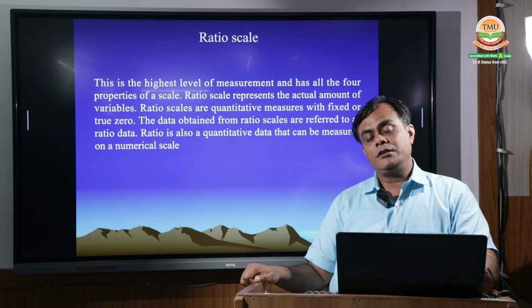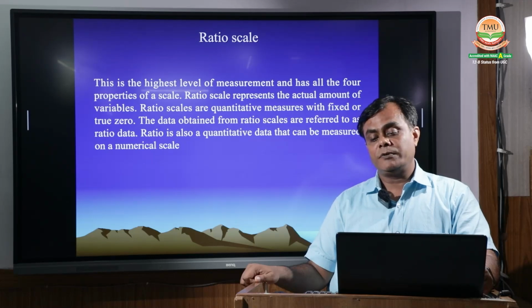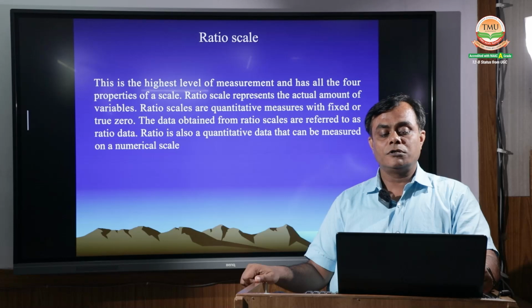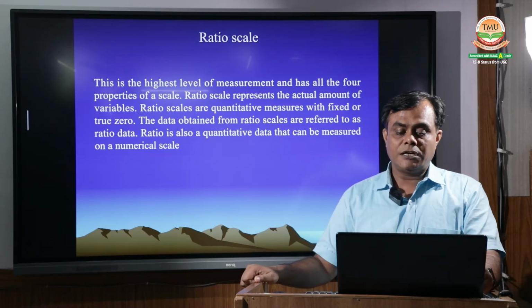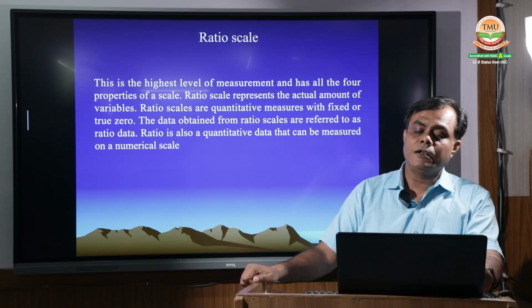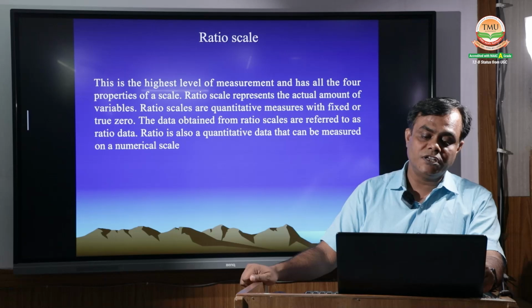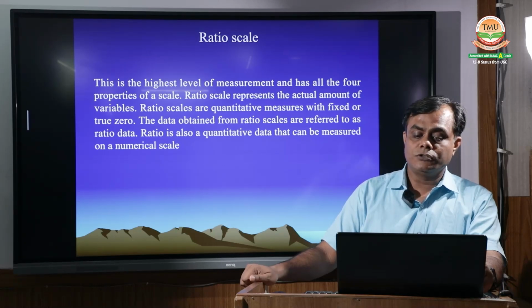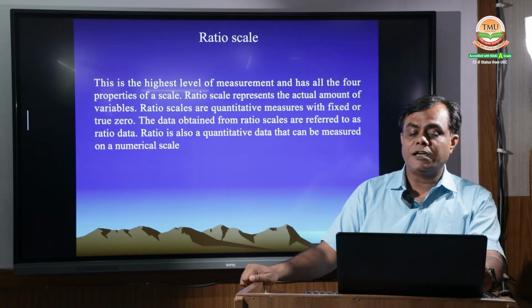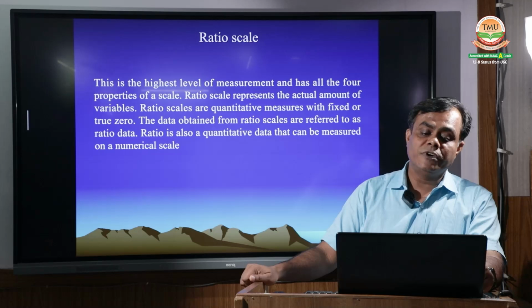So ratio scale is also known as quantitative measurement, and we are using a fixed or true zero, and the data obtained from the ratio scale are referred to as ratio data, and ratio data is also quantitative data that can be measured on a numerical scale.